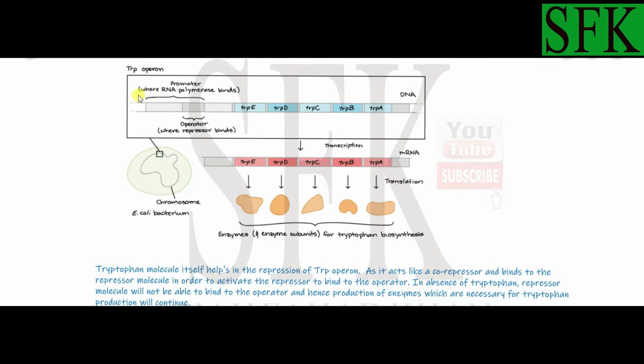Now, let's look at the structure of the trp operon. I told you what an operon is in the previous lectures as well, the link to one of which has been given in the description, so do check that out if you don't know what an operon is.